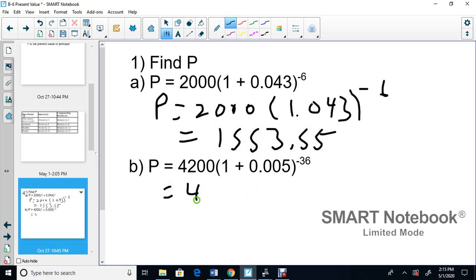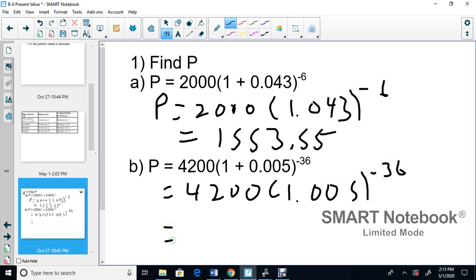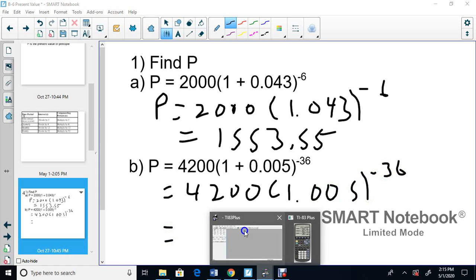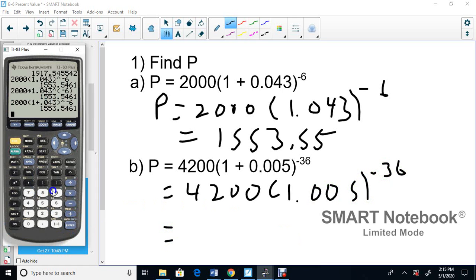Now I'll do this one. I like to do 4200 times 1.005 to the negative 36. I go to my calculator, and I do 4200 times, this is the way I like to do it, 1.005 to the exponent negative 36.